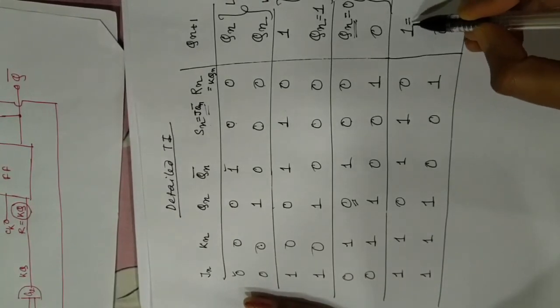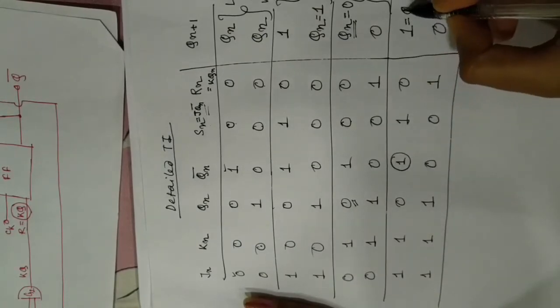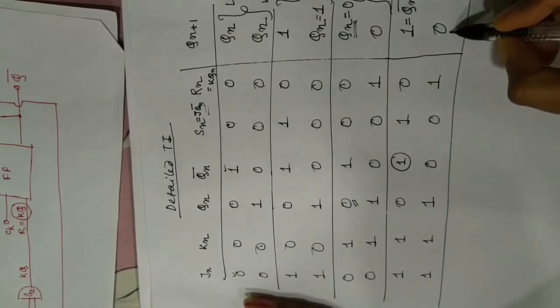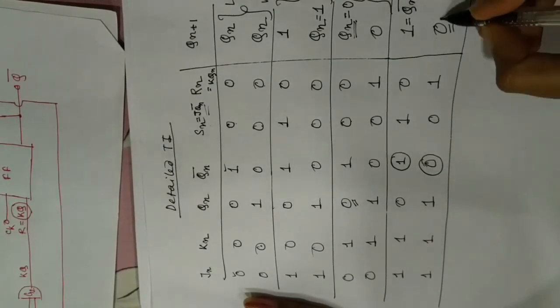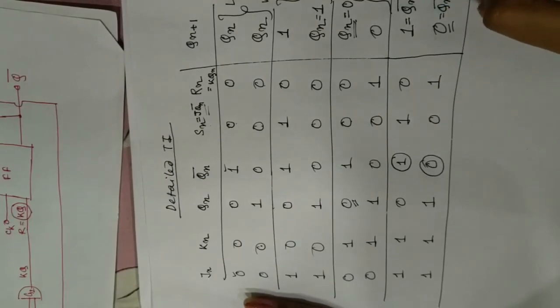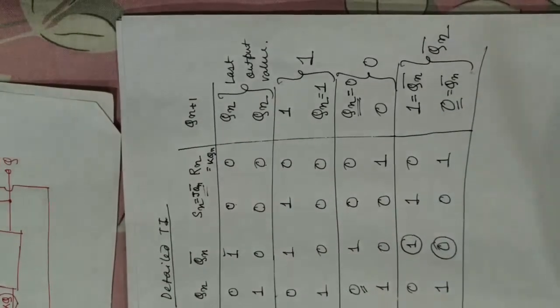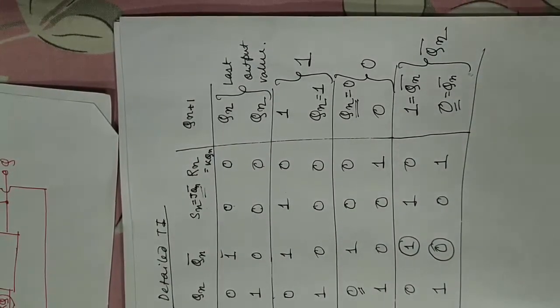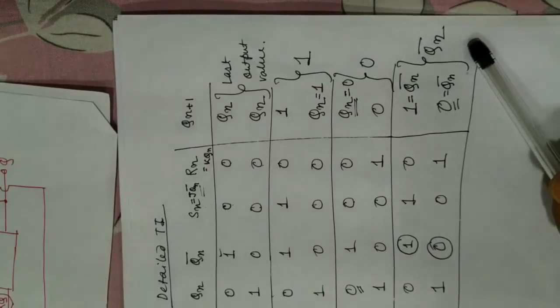Here 1 is equal to the value of Qn bar, and here 0 is equal to the value of Qn bar. That means our problem gets resolved in a JK flip-flop. For J is equal to 1 and K is equal to 1, we get Qn bar as our output.